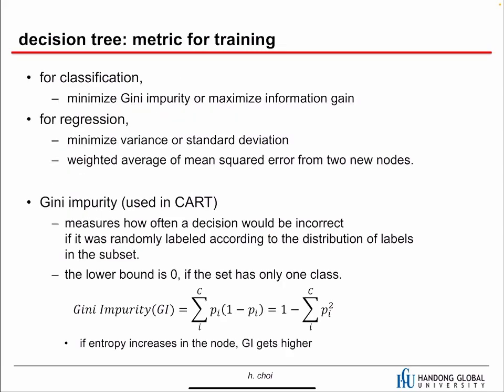When we train the decision tree, we need a kind of metric: which feature is more important at this moment to split the subset? So we select one feature out of all the features. By the way, in this decision tree we use one feature at this moment, and in the next step we can use the same feature again, right?